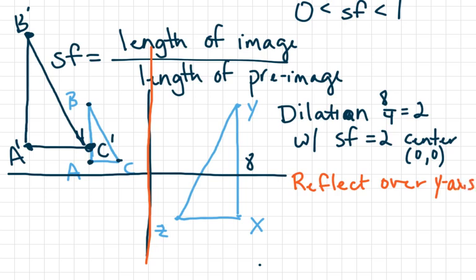So I flip it over the y-axis, so C prime is 4 units away here, so I want to go 4 units away here. So C prime is going to be right there. I'm going to call it C double prime since it's the second time I've moved C. A prime was 8 away from the y-axis, so I need to go 8 the other way.